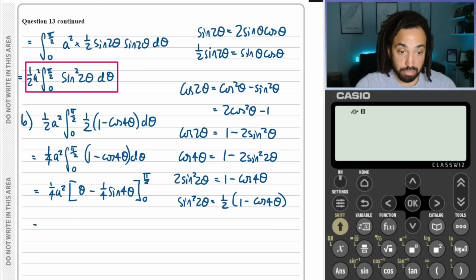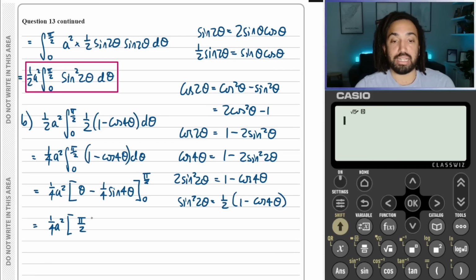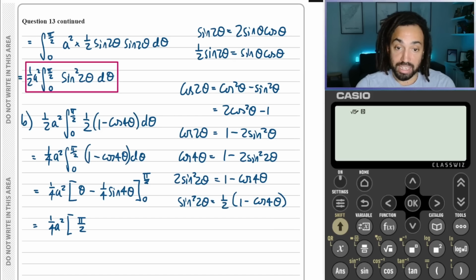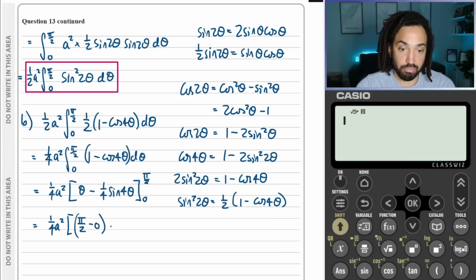Which should actually be relatively straightforward, because when we sub in pi over 2, we get pi over 2, and pi over 2 times 4 is 2 pi, and sine of 2 pi is 0. So we get minus 0.